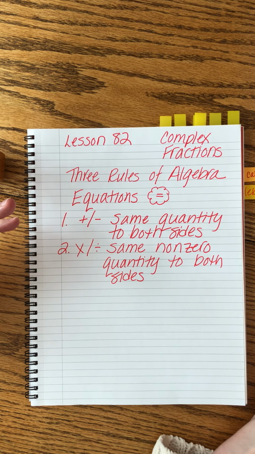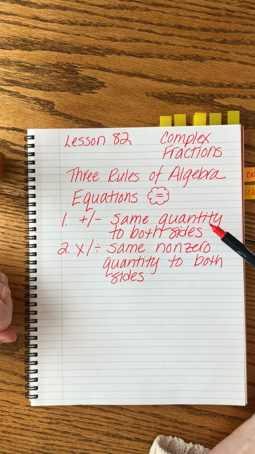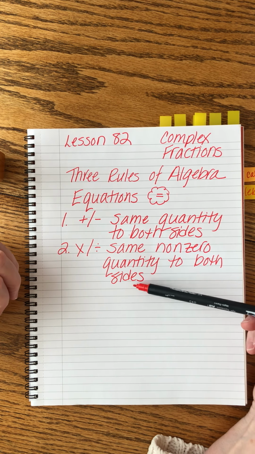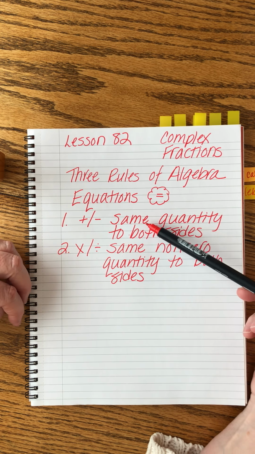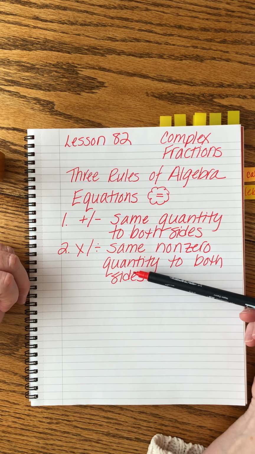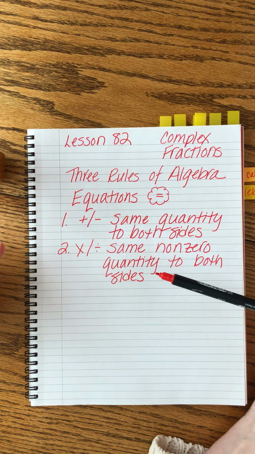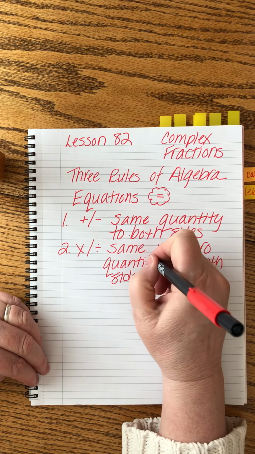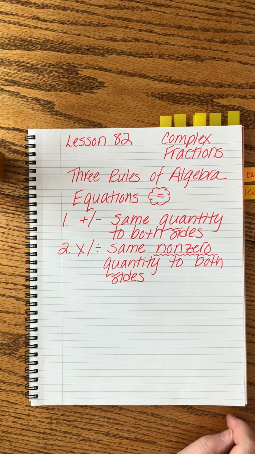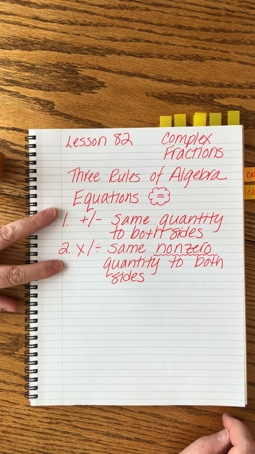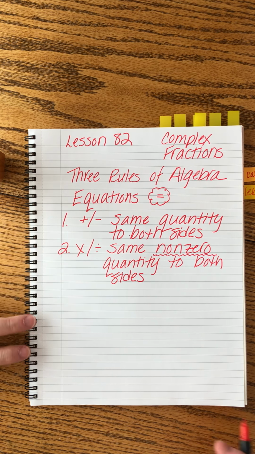Dividing by 0, we know that blows up the universe, right? So you can do any other number to both sides. So it's the same rule as the adding and subtracting, right? We can add or subtract any number. We can multiply or divide any number except 0, all right? So that's the caveat to the multiplying and dividing. Don't use 0, but anything else will work. These are the 2 rules that we use for equations.